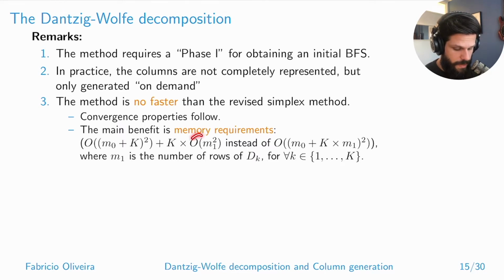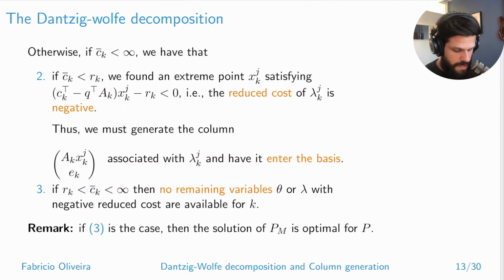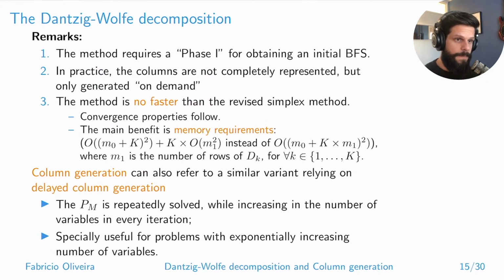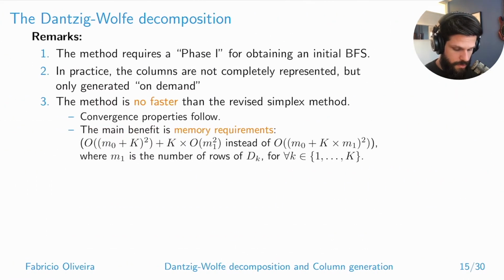So this is the space taken by the basis of the subproblems. And you're doing that instead of having a whole big matrix for M0 plus capital K times M1, because that would be the number of constraints in your problem without the trick of using this notion of implicit representations.